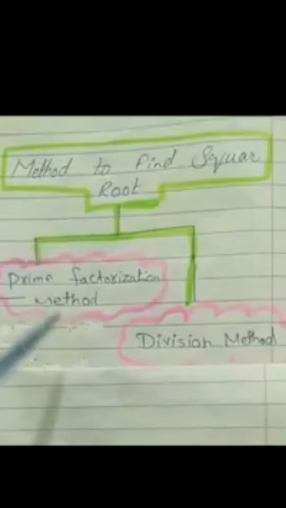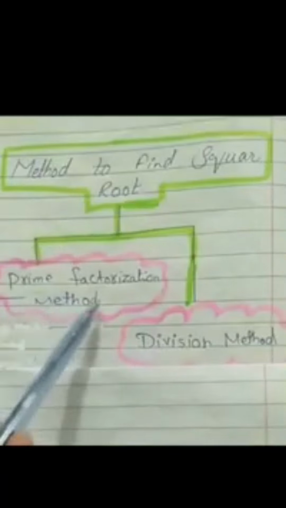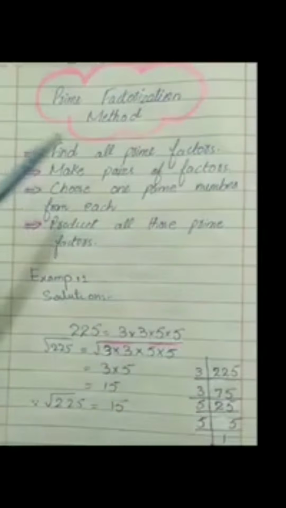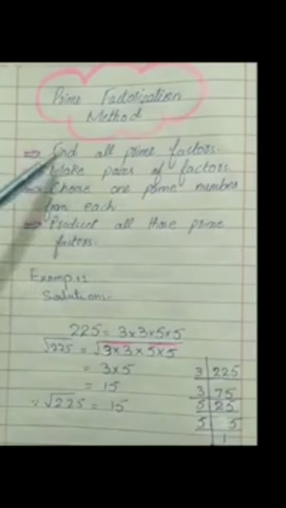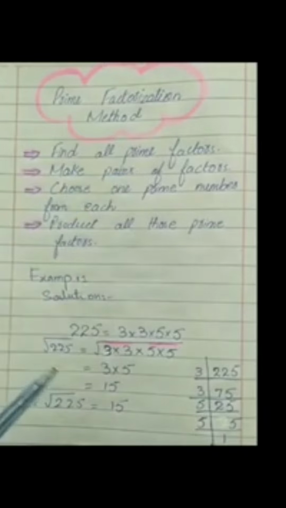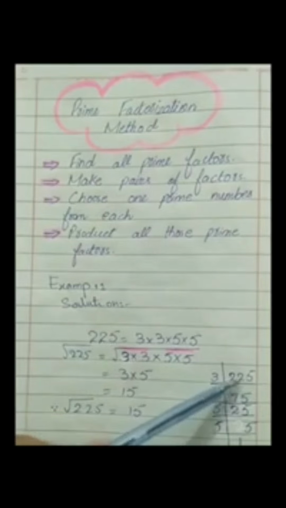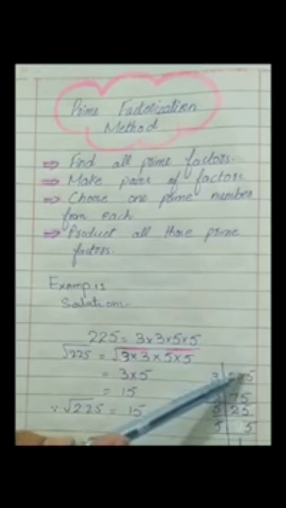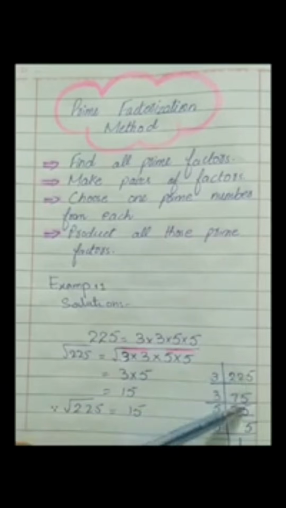Methods to find square root. There are two methods, the prime factorization method and the division method. In the prime factorization method, first find all prime factors. For example, we have the value 225. The sum of the digits of 225 is 9, and 9 is divisible by 3, so 225 is also divisible by 3. 3 sevens are 21, 1 carry, and this is 15. 3 fives are 15.